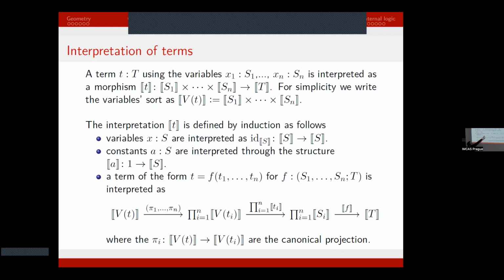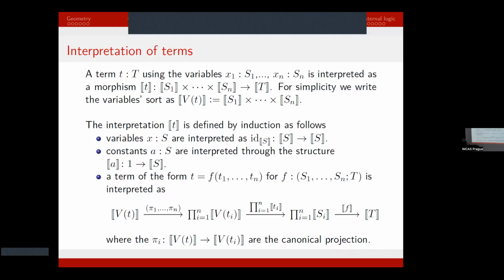T is made of this, which means the variables of the Ti's are contained in the variables of T. What matters now is that every variable appears only once. So I can't take two sorts if the sort is appearing with the same variable. So what I do is I take all variables and I project them to the variables of each term so that I forget the variables that are not necessary for T1. In this way, I'm sure that I will not have double interpretation. And then I take the product of this map, so I use the universal property of the product to build this map.